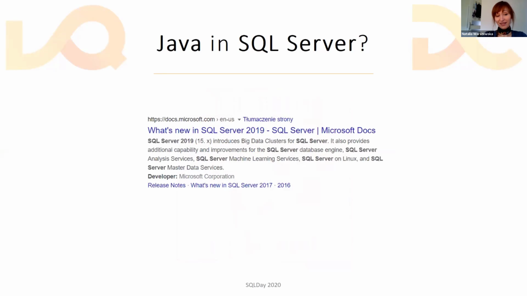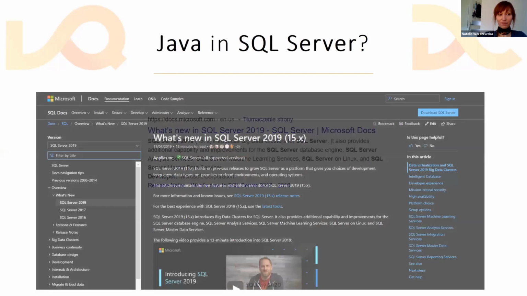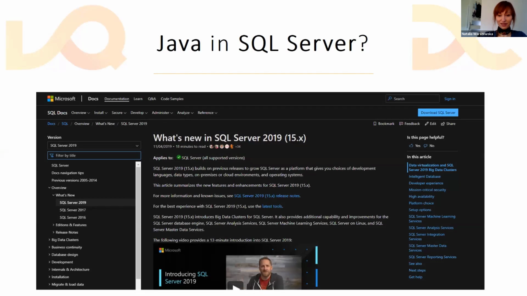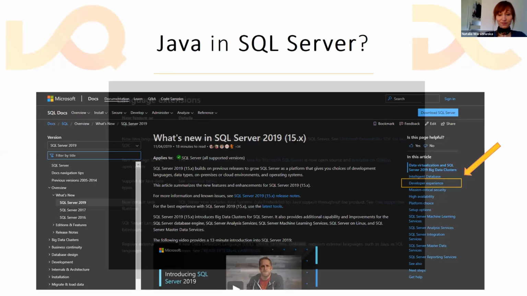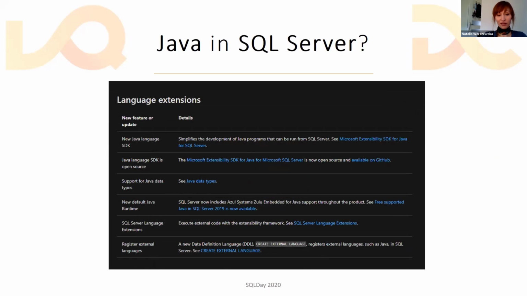And to be honest, I was expecting something more, like a big banner on the main page of SQL Server saying there is support for Java. No, there wasn't any big Java banner. After a couple of minutes of clicking, I found it under developer experience. And after graph and Unicode support, I finally found the area where the Java support is described.